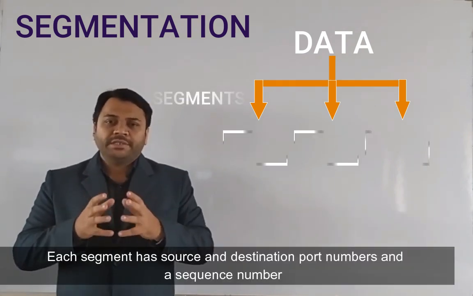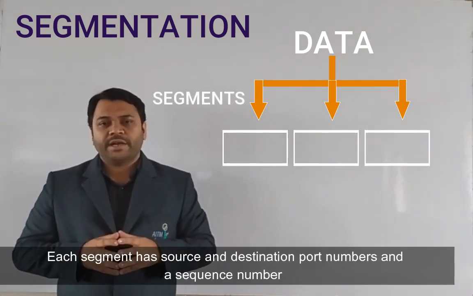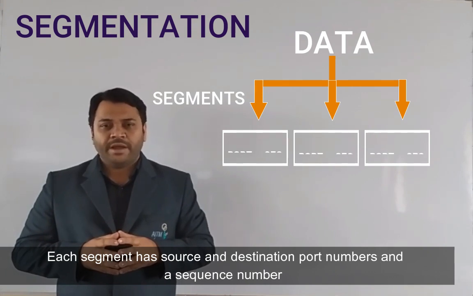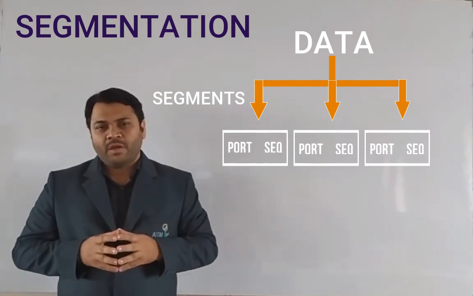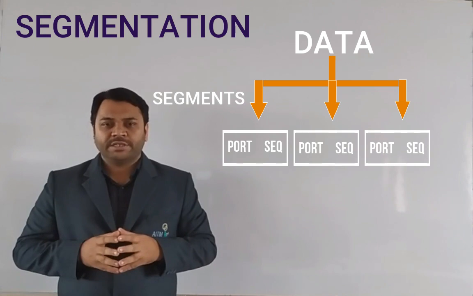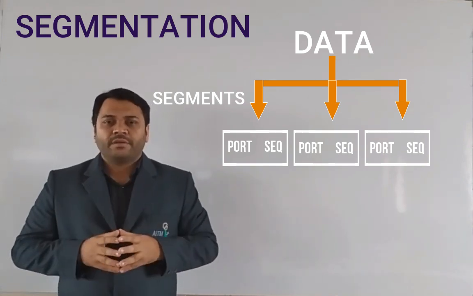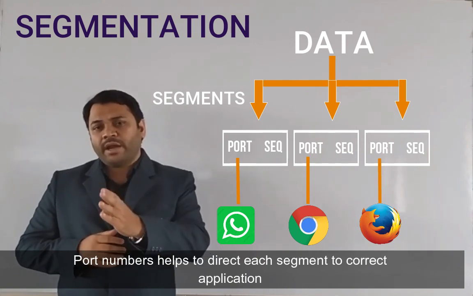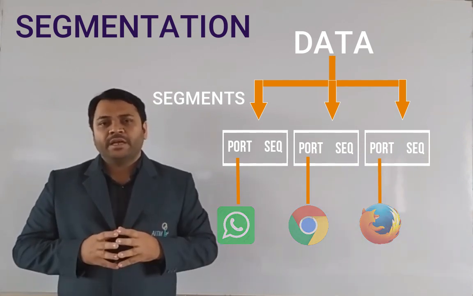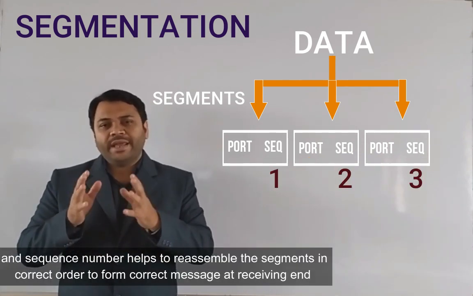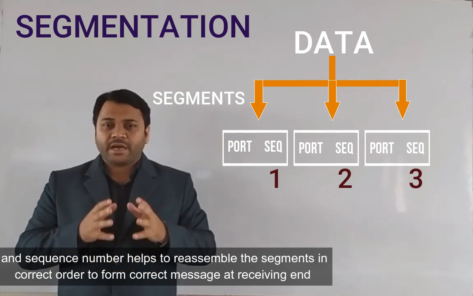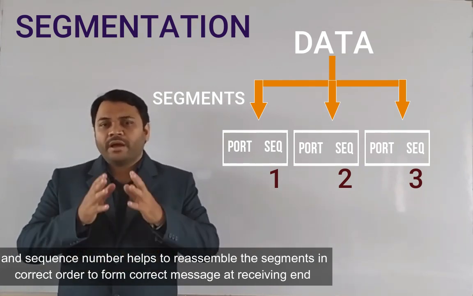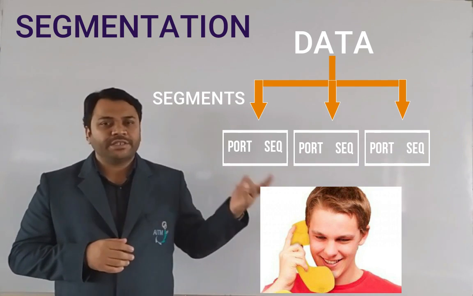Each segment has source and destination port numbers and a sequence number. What is a port number and sequence number? Now we'll see. Port numbers help to direct each segment to the correct application, and the sequence number helps to reassemble the segments in the correct order to form the correct message at the receiving end.